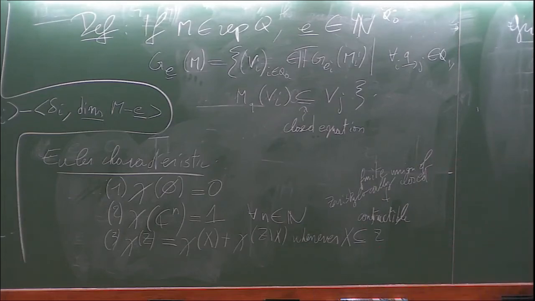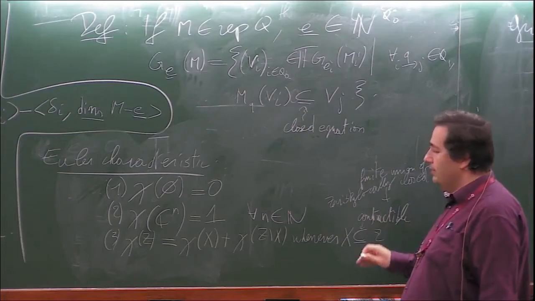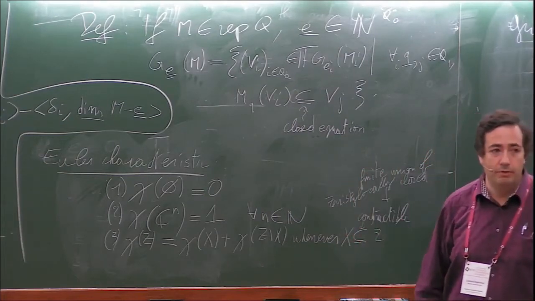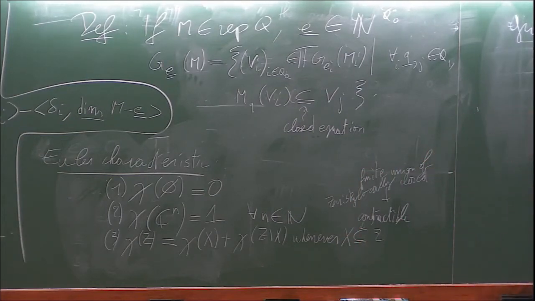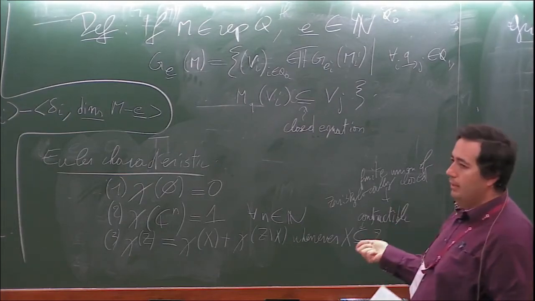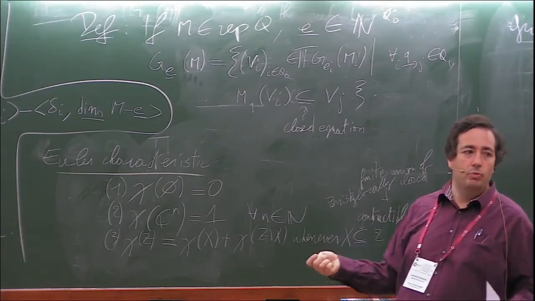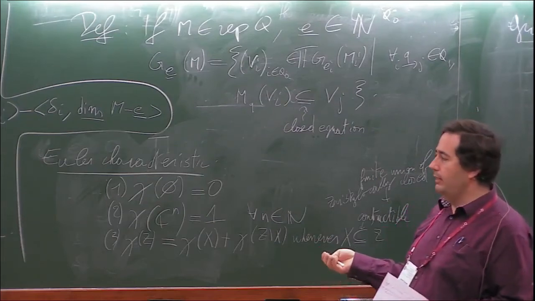So this is the reason it's called constructible. And why this notion is important, and this is one of the reasons, is the so-called Chevalley theorem, that if you have a morphism of varieties, if you have an algebraic map, then the image is automatically constructible. So constructible is some kind of what you want to consider somehow as a subvariety.